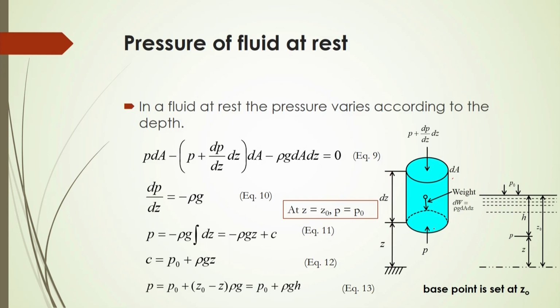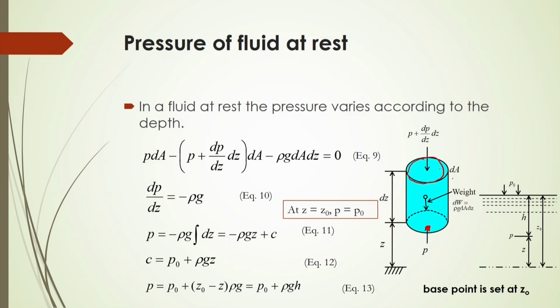Then if we do the force balance over this fluid element, the pressure P at this surface gives P into dA, that will be the force acting vertically upward, and it will be balanced by the force acting on this surface in the negative z direction, that will be equal to P plus dP by dz into dz.